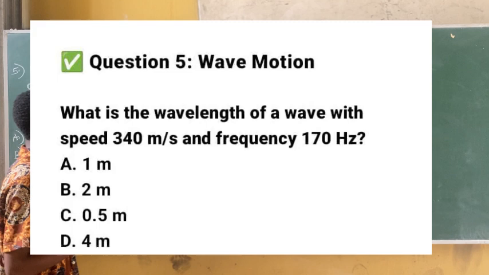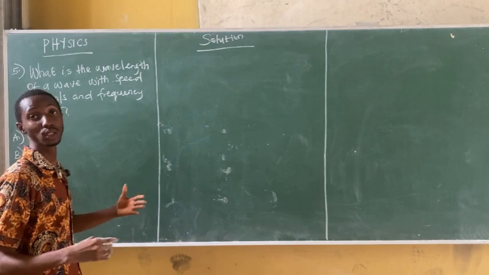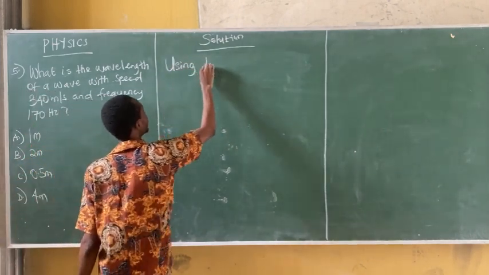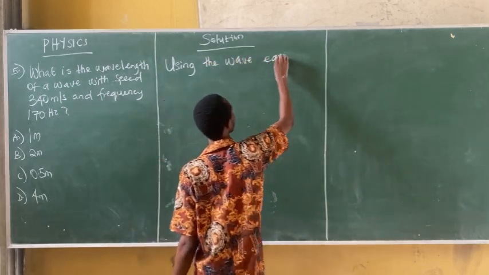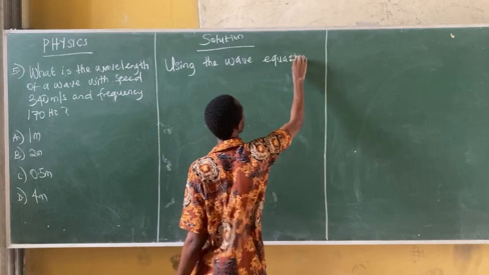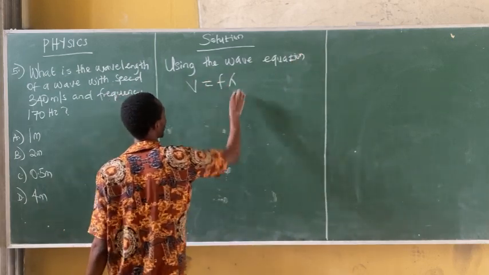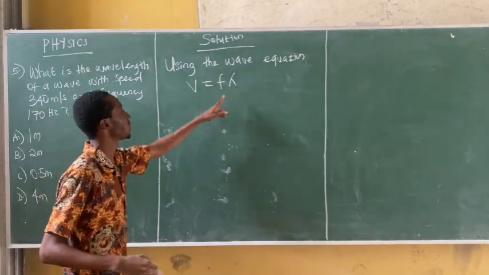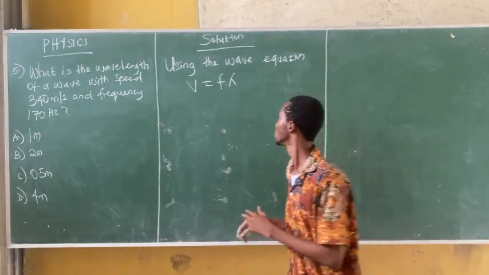Now let's solve this. We are going to solve this using the wave equation. Using the wave equation, we have V = fλ, where V here is the wave velocity, f is the frequency, and lambda here is the wavelength.